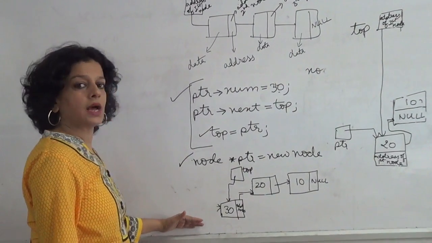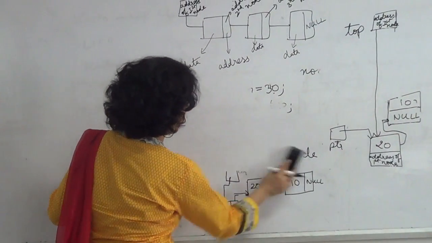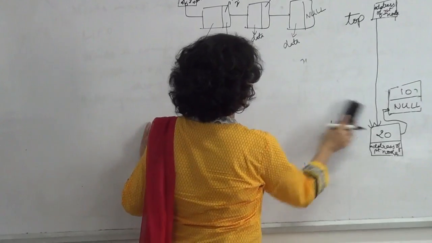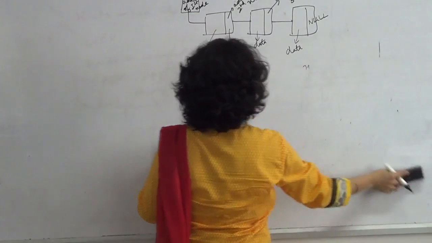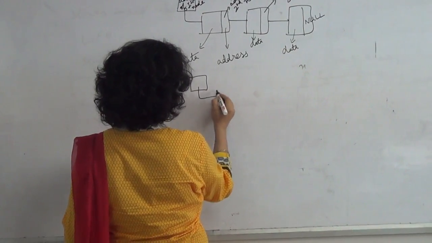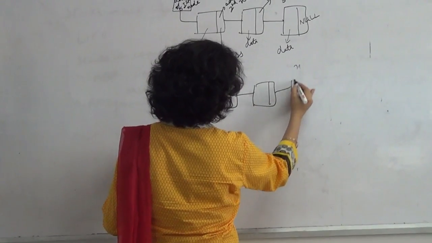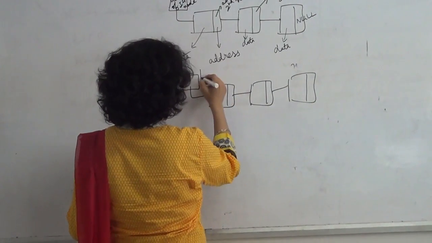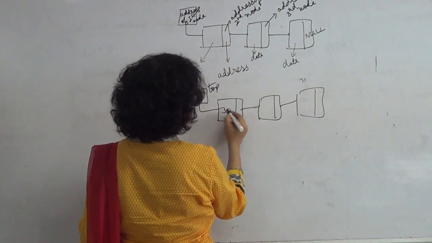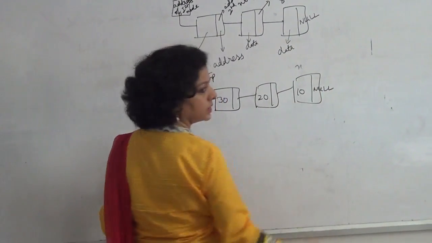Now let us see how we can delete a node from a stack. Now to delete a node from a stack, let us say we have a stack like this, which we have just created. This is top, this is 30, 20, 10, and last node has value null.